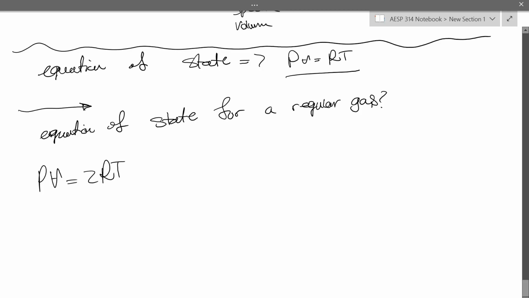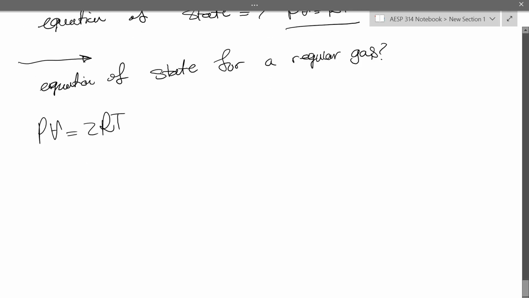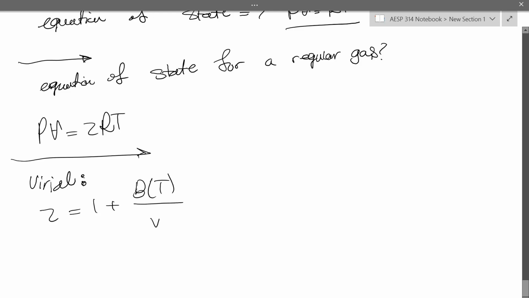There are many different models that give us approximations, but I guess the most complete model is called the virial equation of state, and it works by giving you some functions of pressure, temperature, B, C, D, whatever you want to call it.